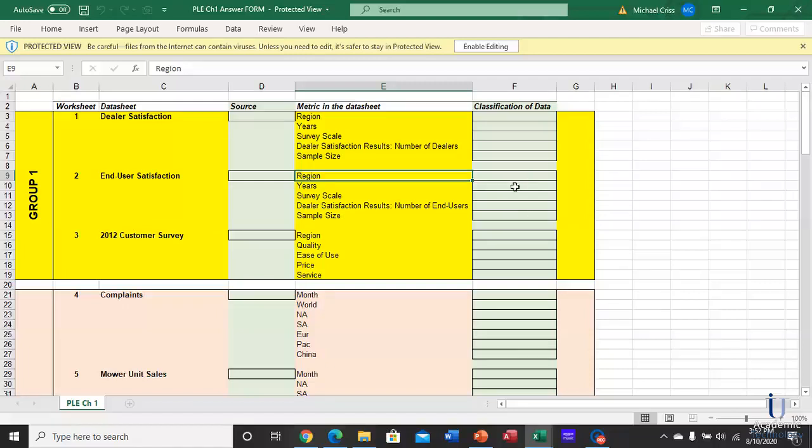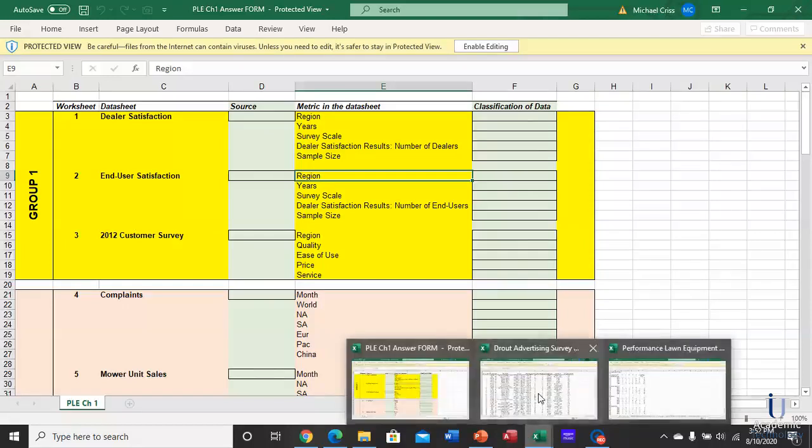Record your results on this spreadsheet and then turn that spreadsheet in when you submit your assignment. This spreadsheet is located out in the Week 1 resources file. So that should make it straightforward enough.